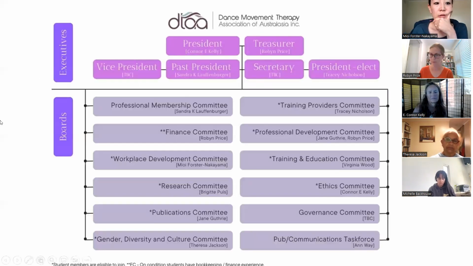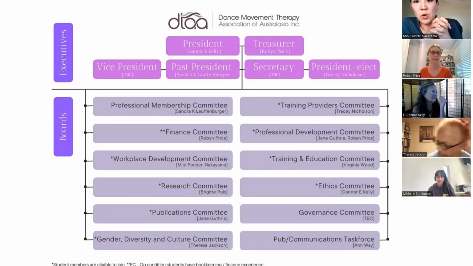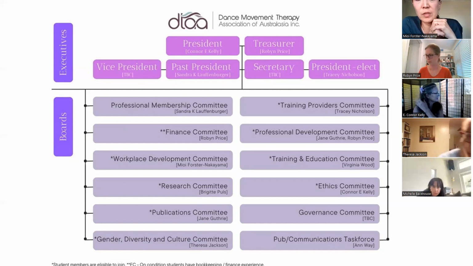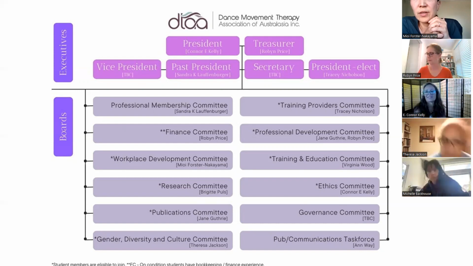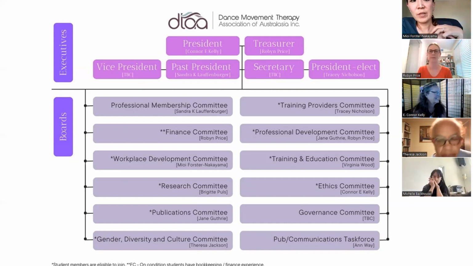We have 2 structures, which are the executive and the board. The executive consists of the president, who is Connor, the treasurer, Robin, the vice president, which is vacant, and the past president, Sandra, who was past president in 2021. She is also part of the executive because she has to pass on her tasks and knowledge to Connor.